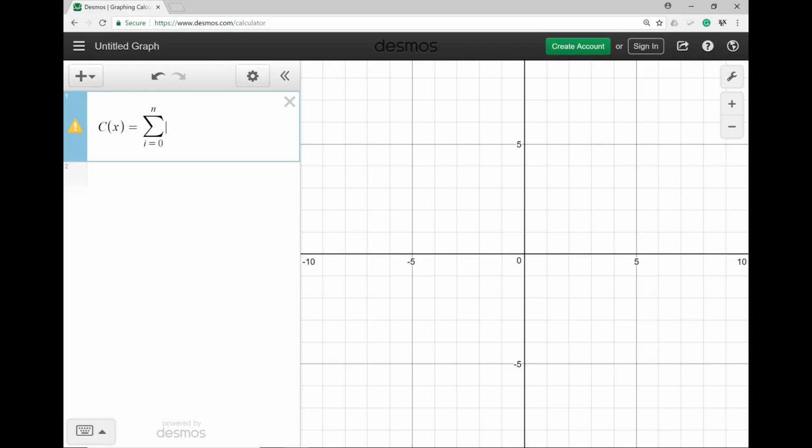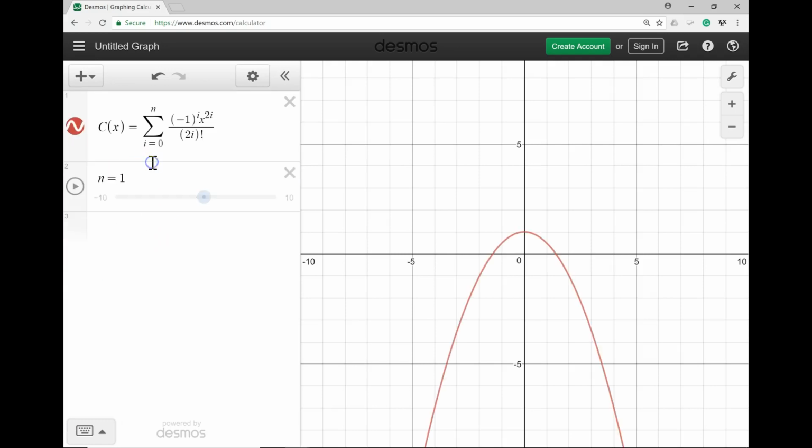We have (-1)^i times x^(2i), all of this over (2i)!, and we want to make sure that n is indeed a slider. Let's slide it from 0 to, say, 40, with a step size of 1. And let's go back to 0.